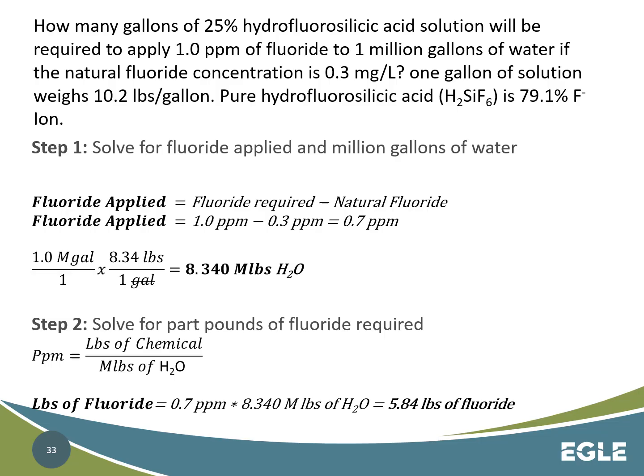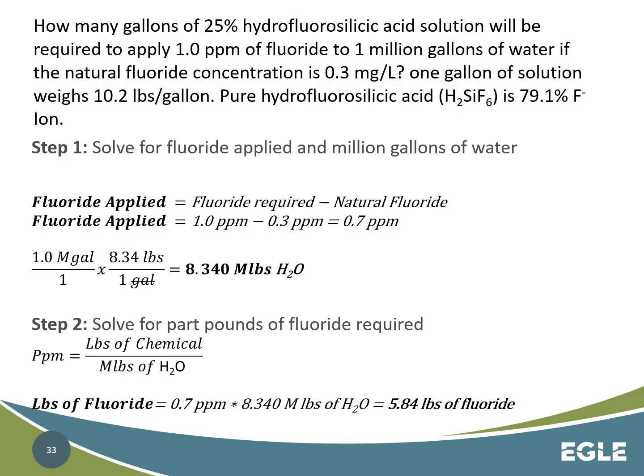So let's do a quick recap of the problem that we just worked out together. In the problem statement, we have taken into account the natural fluoride concentration, 0.3 milligrams per liter of natural fluoride in that water. So the fluoride applied is the fluoride required that we want to eventually have in the water, minus your natural fluoride concentration, to get your fluoride applied of 0.7 ppm. That's how much fluoride we're looking to add up to 1 ppm in the final water.